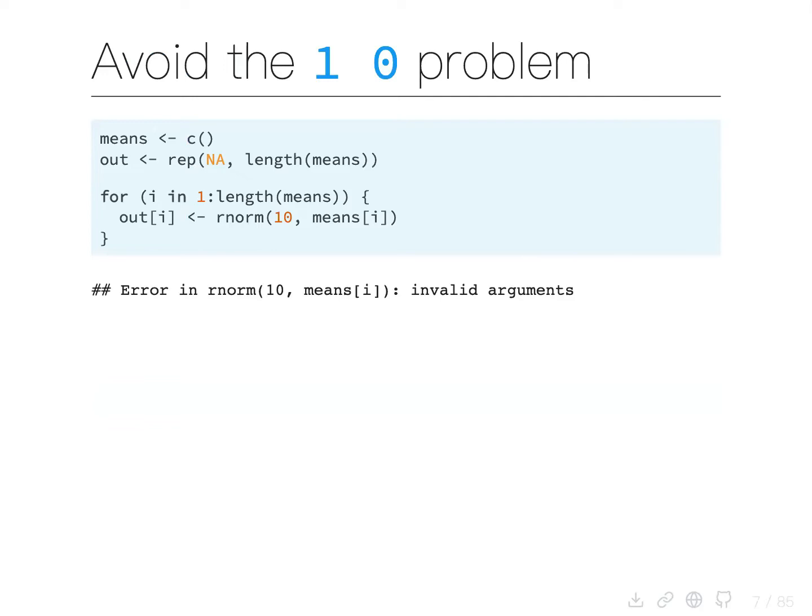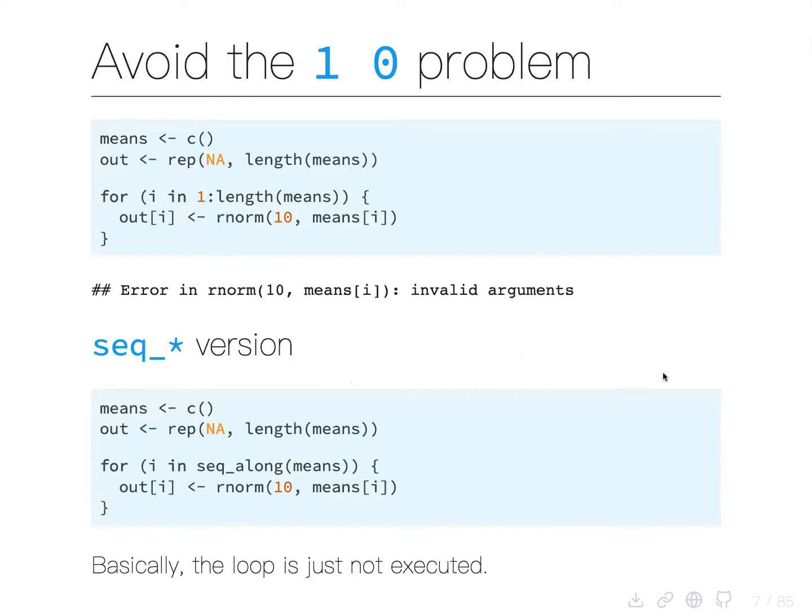So when I say 1 to the length of means, this creates an index that goes from 1 to 0, so you're going backwards from 1 to 0. And then you get this error because it doesn't work. Instead, if you use the seq version, it's not going to create that index, because there is no length for it to create the sequence from. So the loop is just not executed.